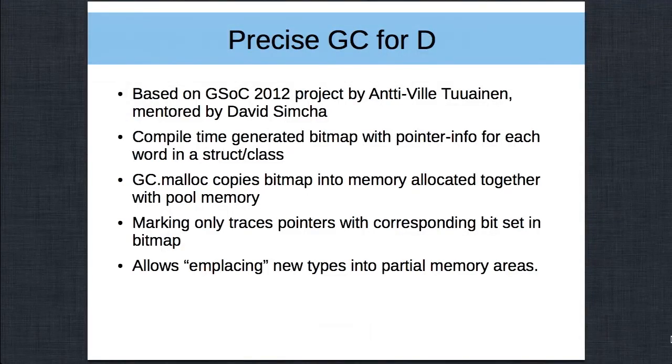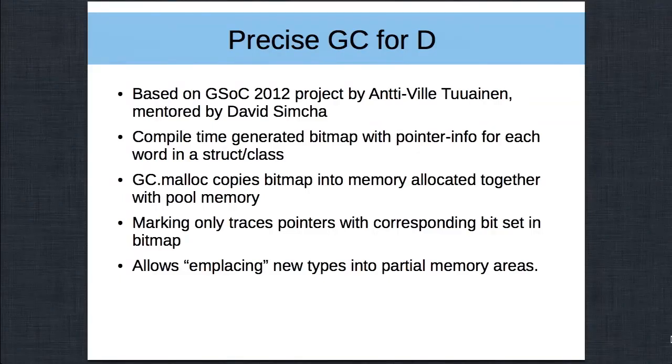So if the heap is marked during the collection phase, only those bits that are set in the info bitmap are actually scanned for pointers to other objects. And this especially also allows in-place construction of new types in partial memory areas.